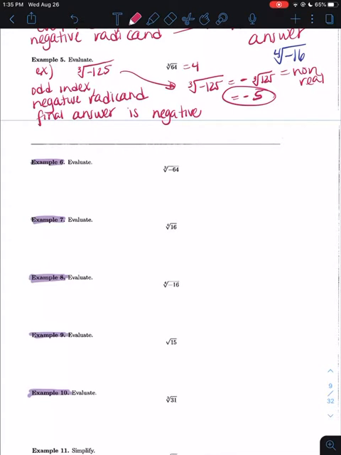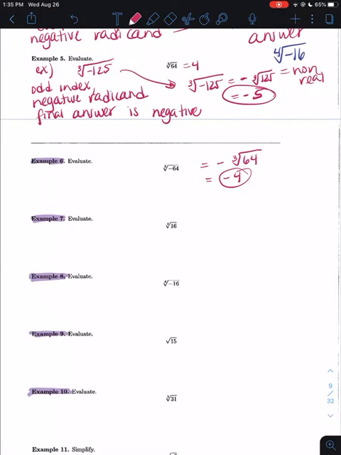So now going back, looking at example 6. I see a negative underneath my radical symbol, and it's an odd index. The index is 3. So that means my final answer is going to be negative. So it's going to be negative whatever the cube root of 64 is. The cube root of 64 is 4. So the final answer is negative 4. Then I'm going to do the fourth root of 16.